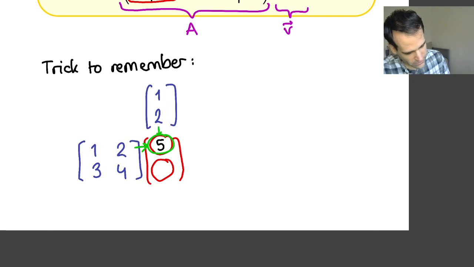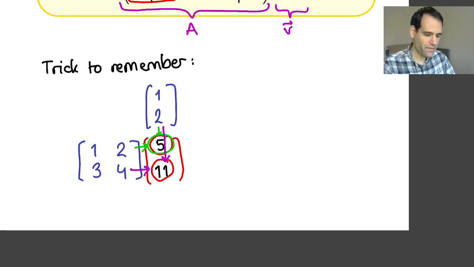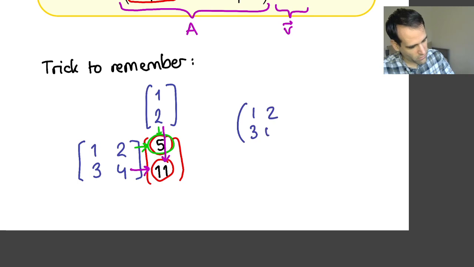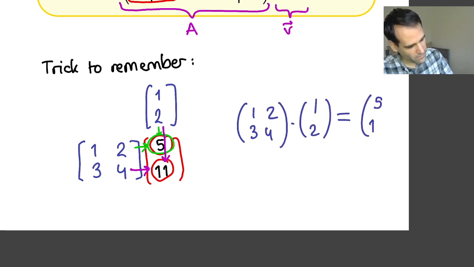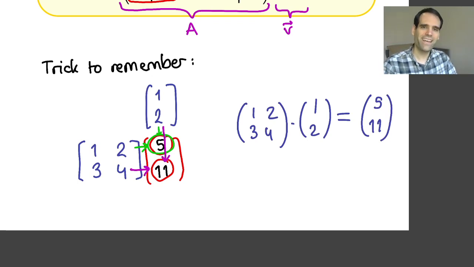In the second slot, we have this row coming in and this same column coming down. So I do 3 times 1 plus 4 times 2. That's 3 plus 8, which is 11. So I write 11 here. And that is the result of this matrix times this vector. So we can say that 1, 2, 3, 4 times 1, 2 equals the vector 5, 11. So with this trick, you will always remember how to do a matrix vector multiplication.